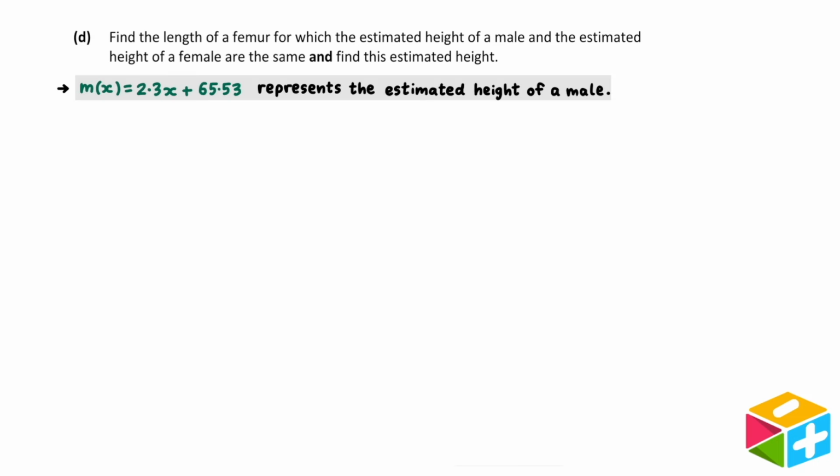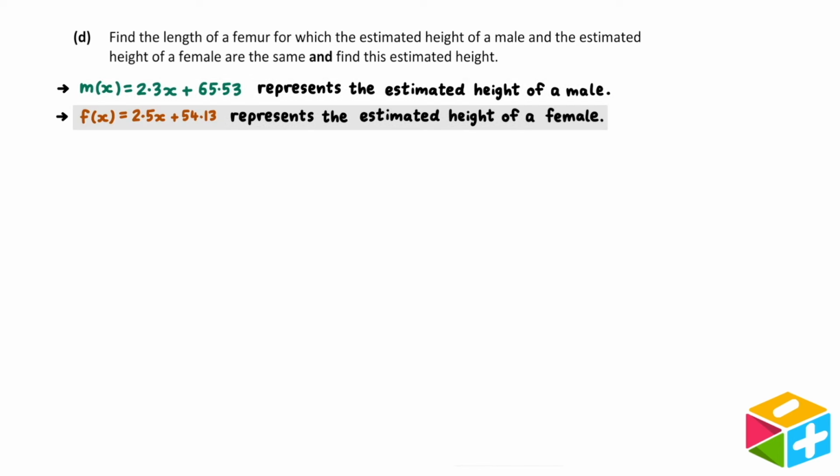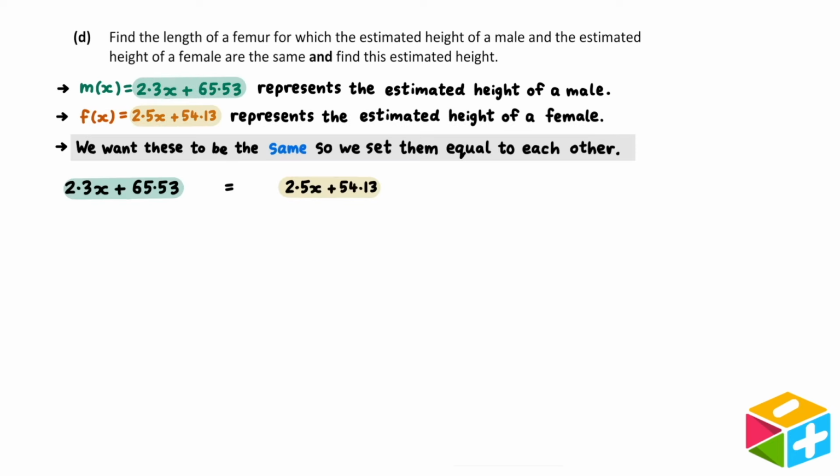Well, m of x is equal to 2.3x plus 65.53 represents the estimated height of a male. f of x is equal to 2.5x plus 54.13 represents the estimated height of a female. We want these to be the same, so we should set these two expressions equal to each other.